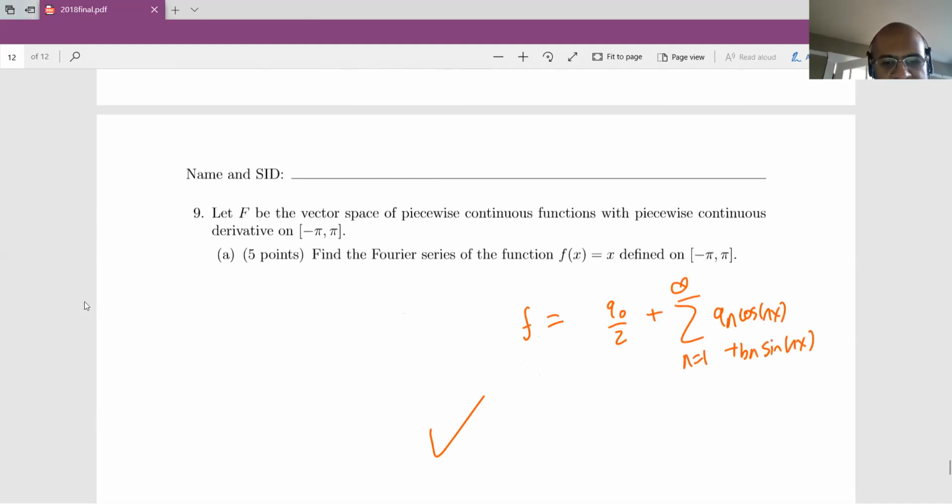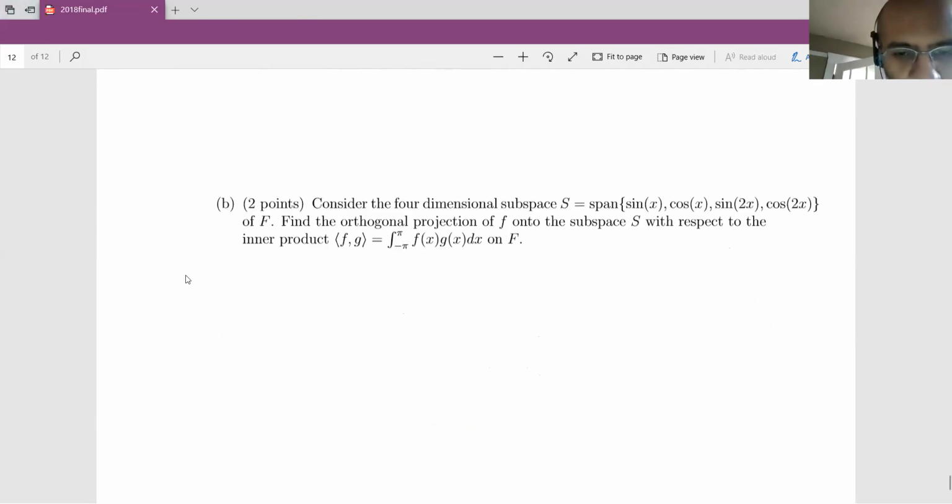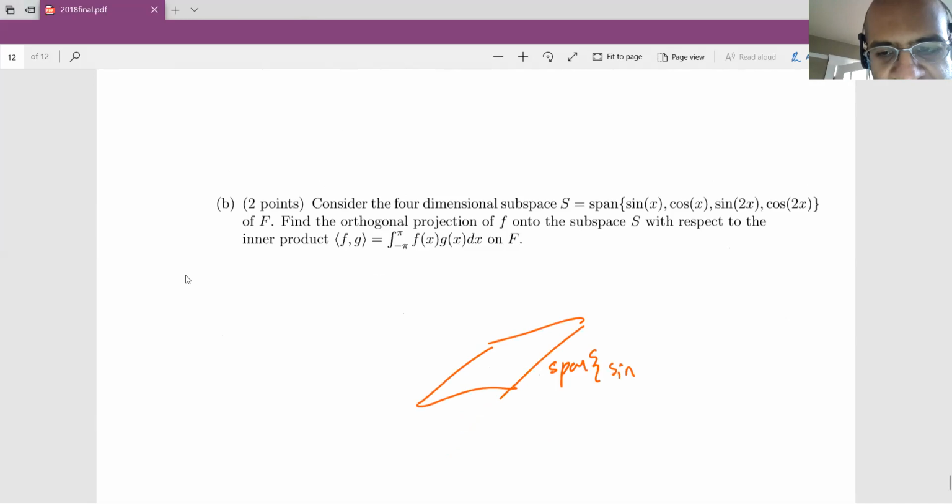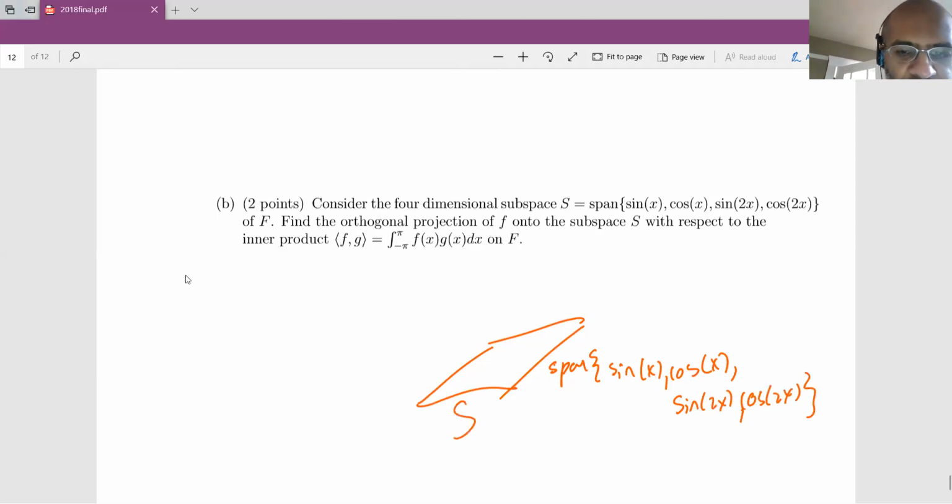And now the second part of the question asks you, what's the projection of that function onto the subspace, which is the span of sine x, cosine x, sine 2x, cosine 2x. So this is a 4-dimensional subspace S. You have some vector f. And now I'm asking you, what's the projection of f onto the subspace? What's this f hat?